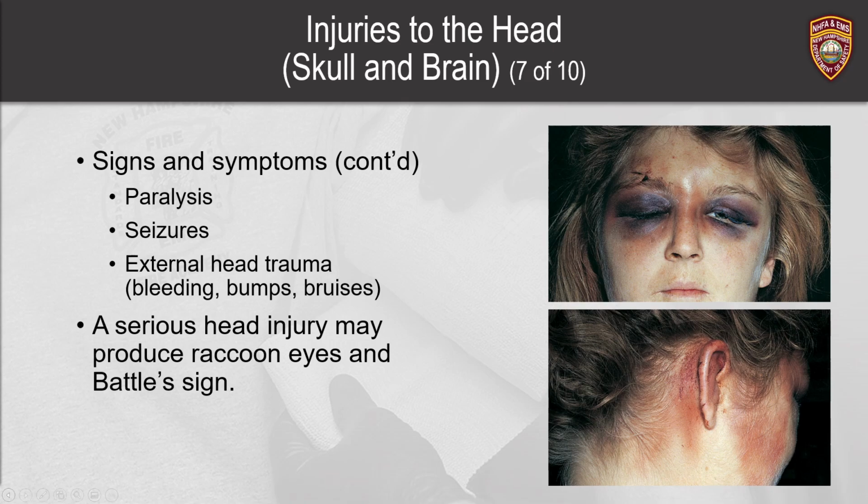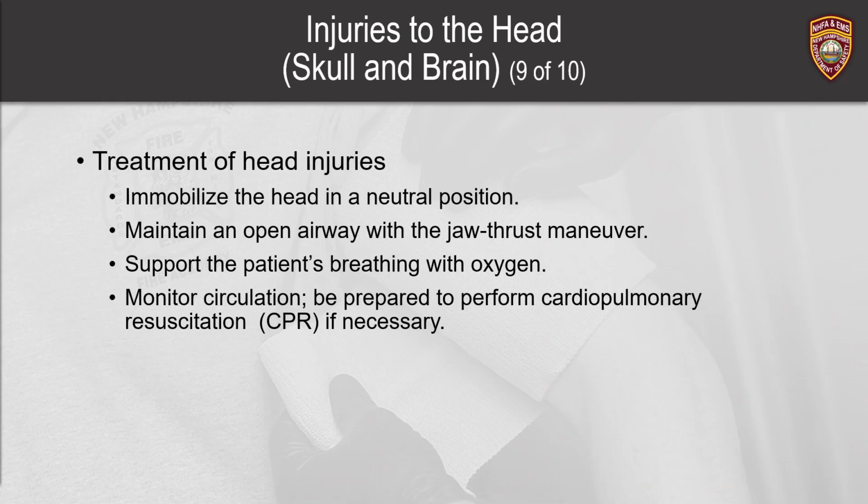You're not going to see this for 12 to 24 hours after the injury. But if you're called to someone's home and during your SAMPLE history, you discover that they were in a car accident 12 hours before, and you see the bruising of the eyes and the bruising behind the ear, then you know that they have internal bleeding in their skull and that they should be evaluated at a hospital as soon as possible.